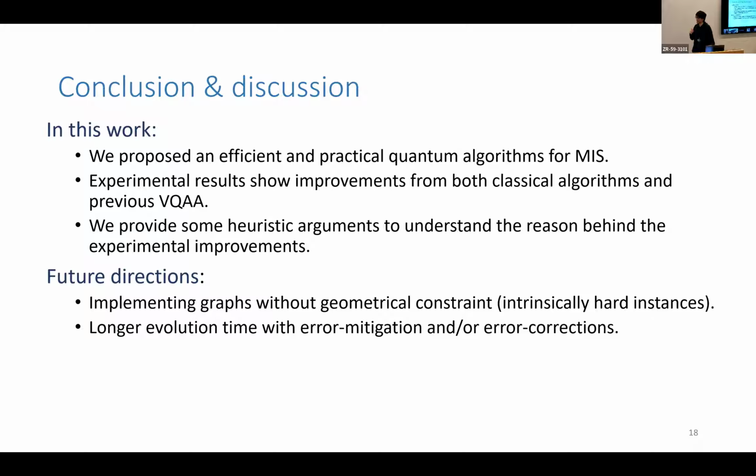But if we have something like a linearly or quadratically increasing evolution time, with some techniques from error mitigation or error correction, we can possibly extend our results to larger graphs and truly classically hard graphs. And that concludes my talk, and thanks for listening.